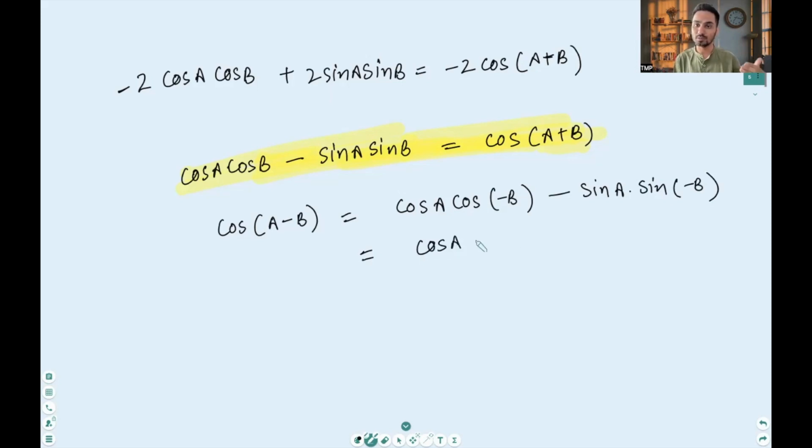So the first term, which is cos A times cos of minus B, will be same as cos A times cos B. But we know that sine of minus theta is minus sine theta. So therefore, the second term will change to plus sine A times sine B. And that gives you the formula for cos (A minus B).